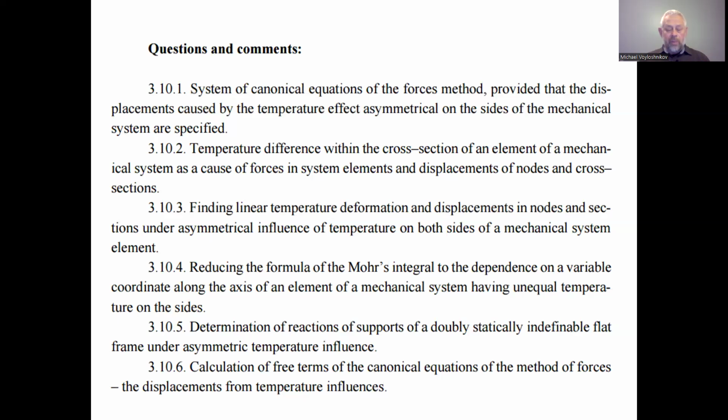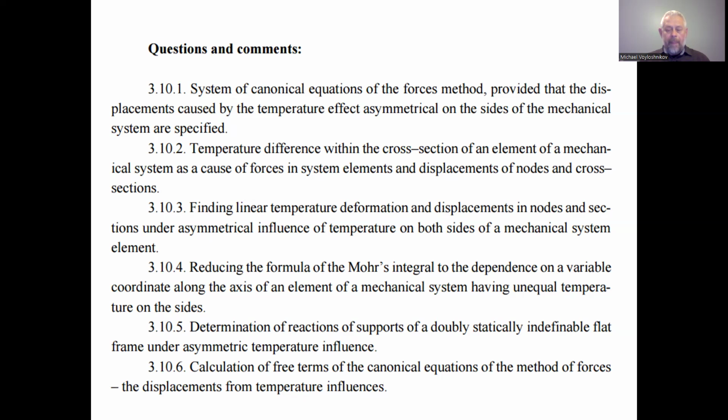Instead of determining a product of diagrams of the bending moments under the action of the external load and the diagram under the action of the unit force in the direction of the sought displacement for the Mohr integral, we consider the product of the temperature difference divided by the h of the element of the mechanical system, and the product of that fraction by the area of the diagram of the bending moment under the action of the unit force.